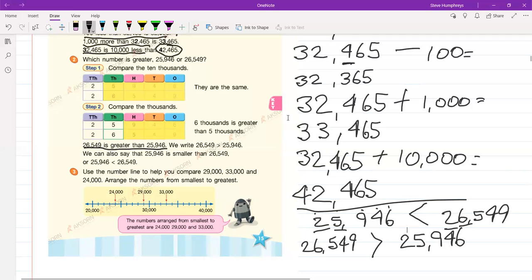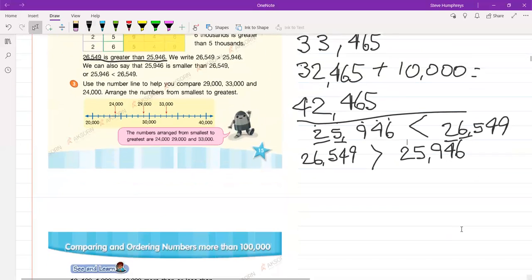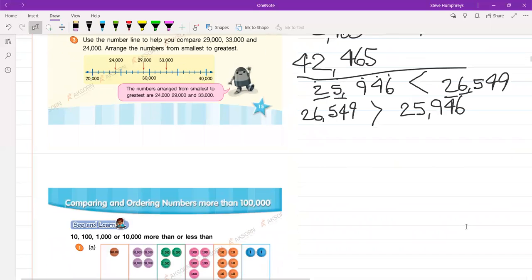Okay, so you should remember these symbols from last year. That symbol means greater than.